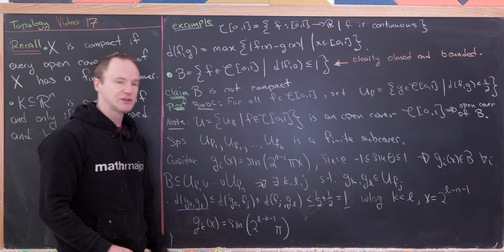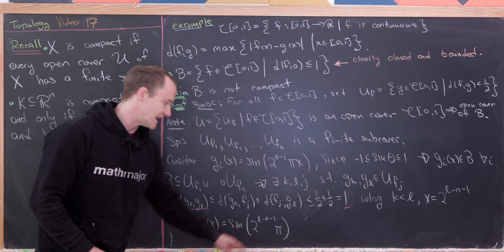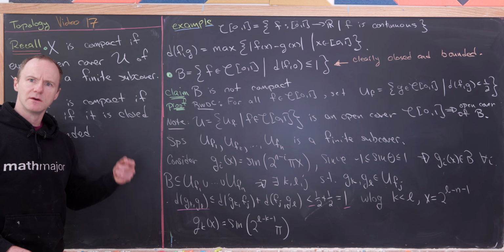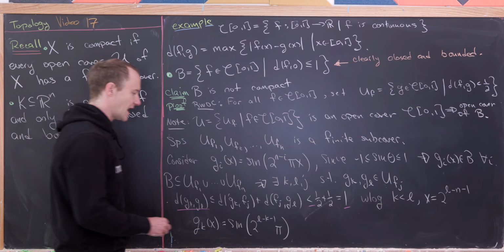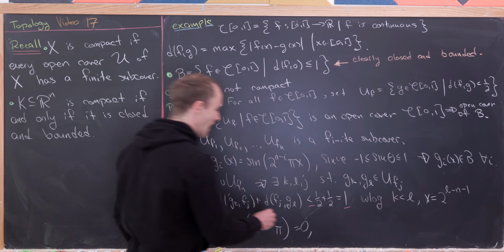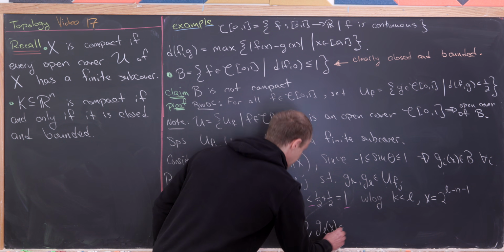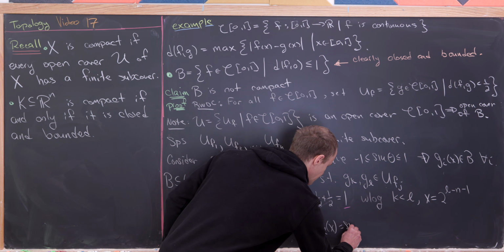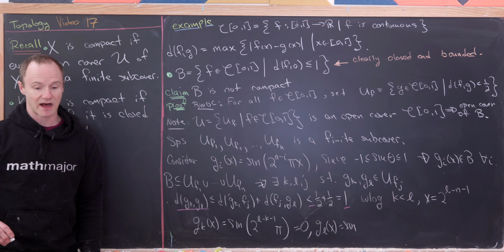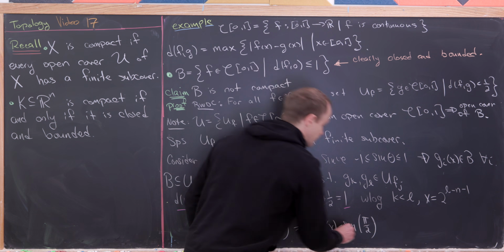But if this power of 2 is bigger than or equal to 0, we have sine of an integer multiple of pi. But sine of an integer multiple of pi is 0. Okay, so on the other hand, let's take g_l of x, and let's observe that that's going to be equal to the sine of, well, when all is said and done, pi over 2.